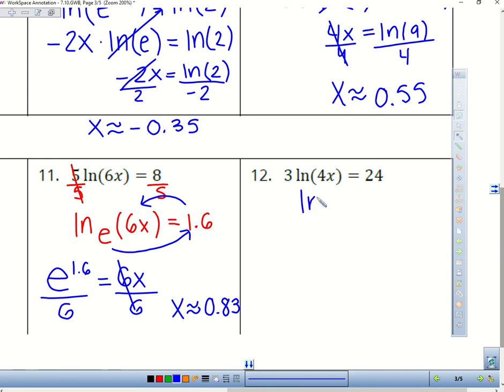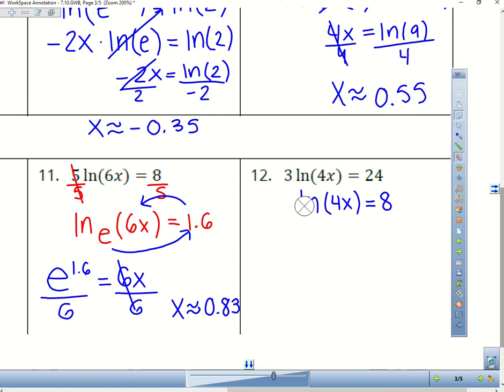Here I'm going to divide both sides by 3. I'm going to write my base back into my log, and then I can use the arrow method.